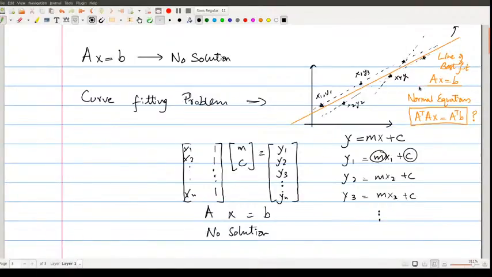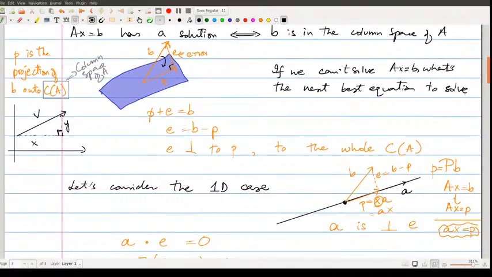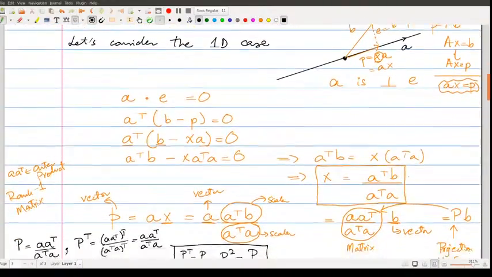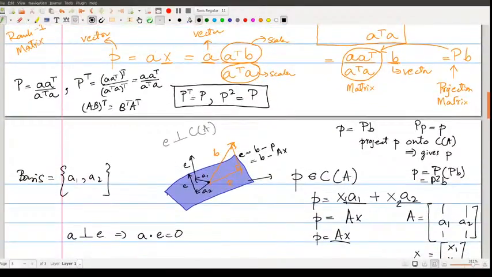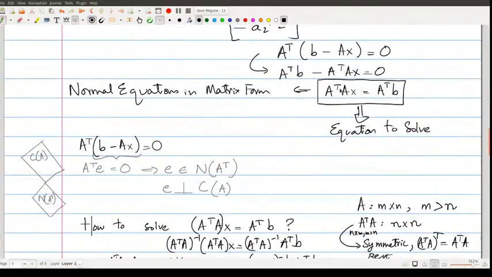We say, let's not solve Ax equals b, let's solve this new equation, right? And then we discussed where this equation comes from. I gave you the geometric idea, and then we went to the one-dimensional case, and then we got some equations. We went back to the two-dimensional case, we built up an equation, and then finally we had this equation A transpose A x equals A transpose b.